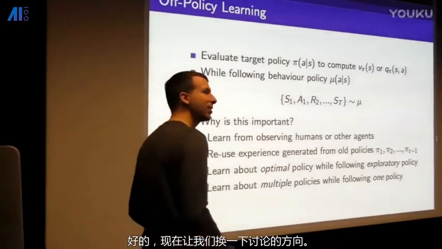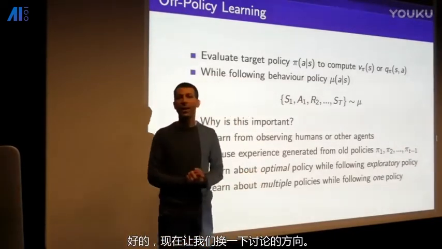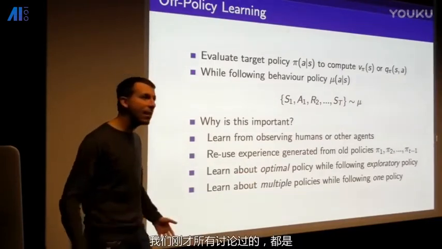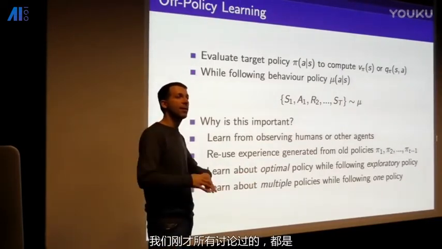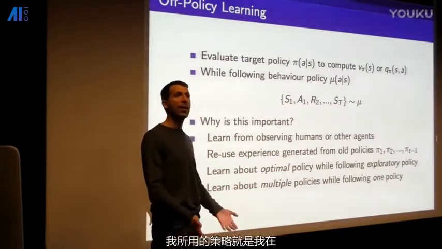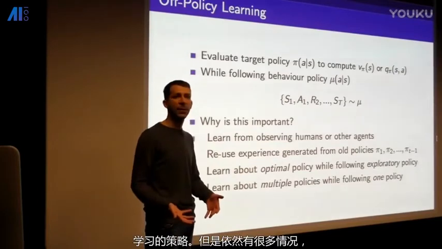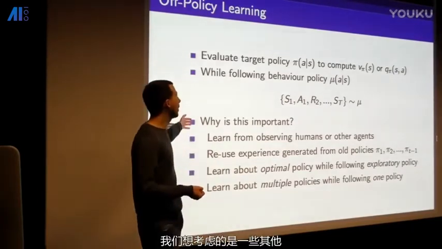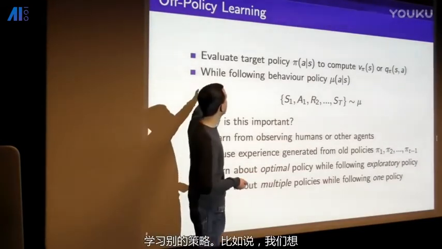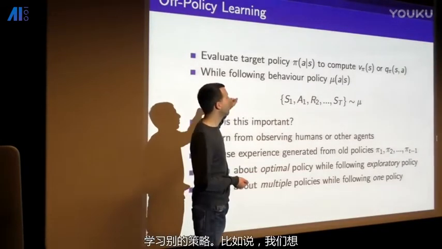Okay, let's change gear a bit. Now we're going to talk about off-policy learning. Everything so far has considered the case of on-policy learning, where the policy which I'm following is the policy that I'm learning about. But there are many cases where we want to consider how to evaluate some other policy while we're following something else.